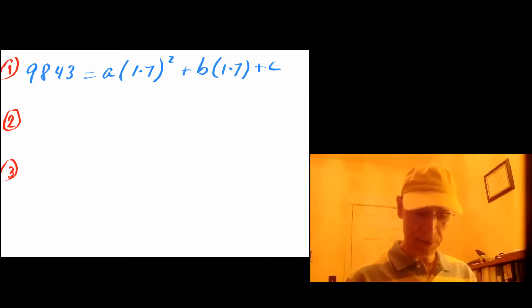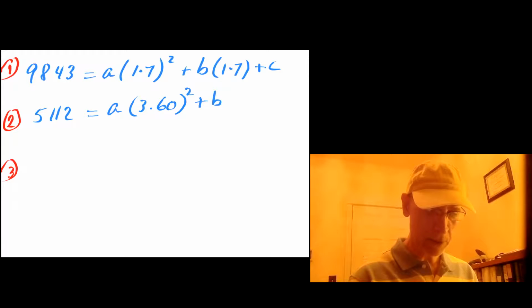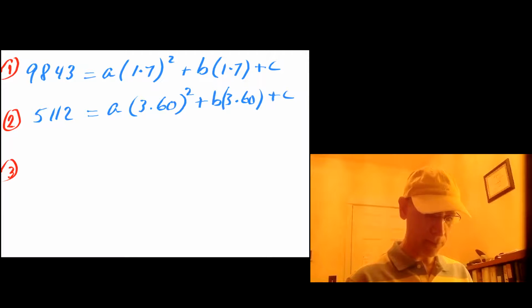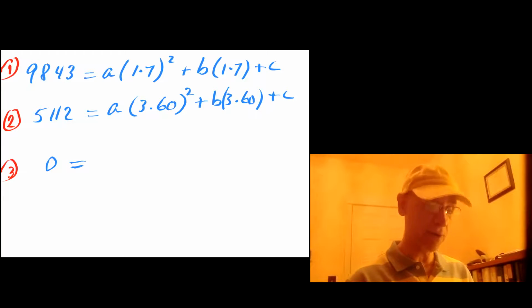So I can also claim that 5112 equals a times 3.60 to the second power plus b times 3.6 plus c. And finally, from the third point, when the price is 0, revenue is 0.